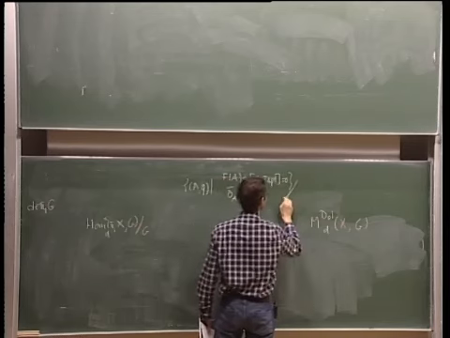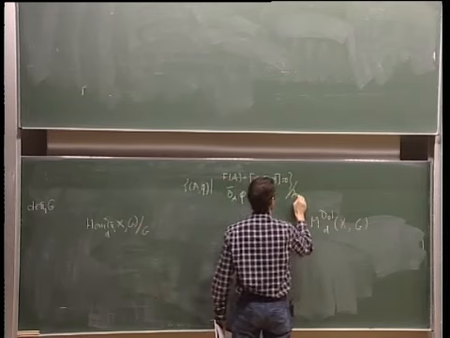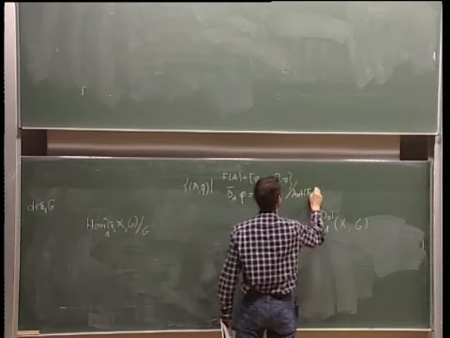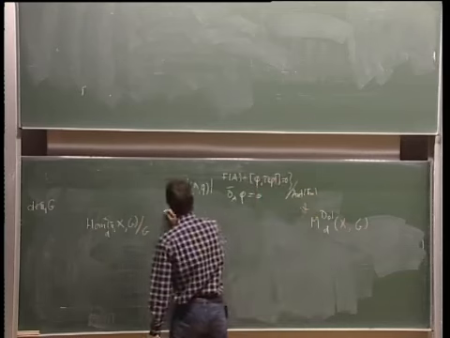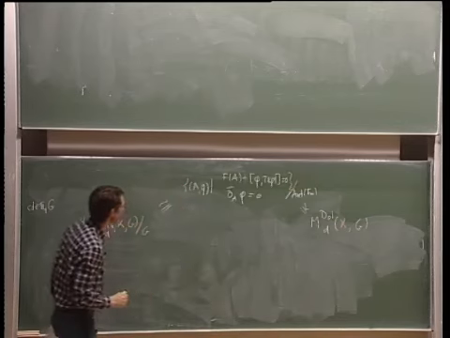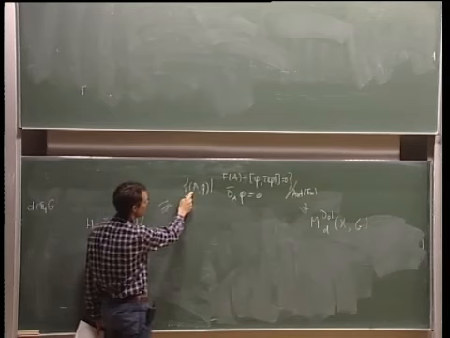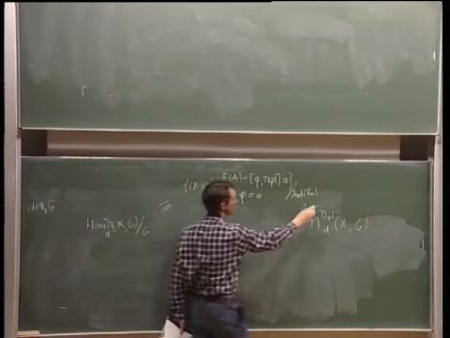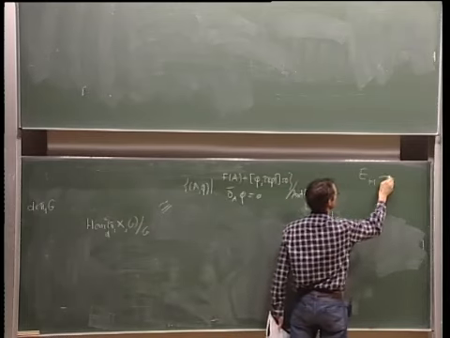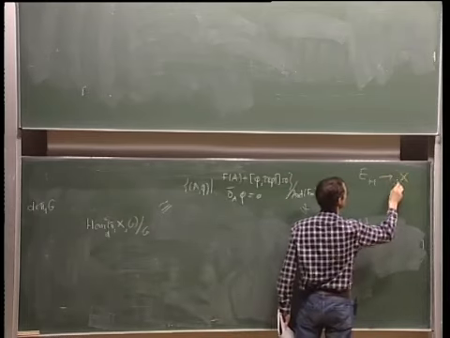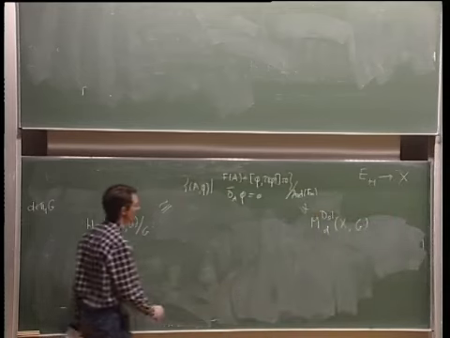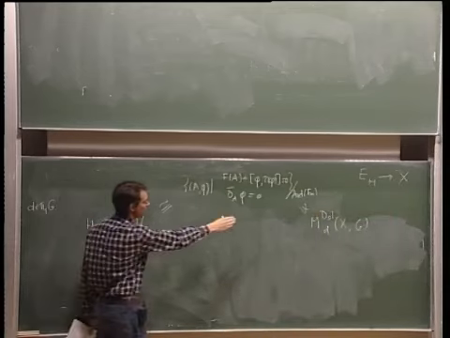Okay, so let's see. All right, so we looked at these pairs of an H connection and the Higgs field phi on this fixed H bundle over X. And we got these identifications.